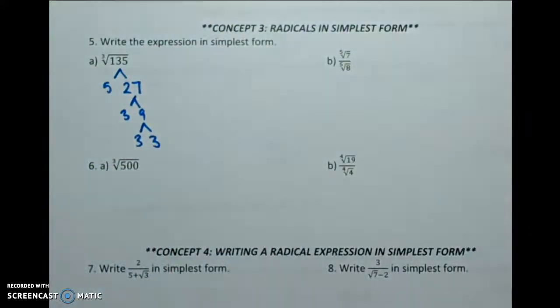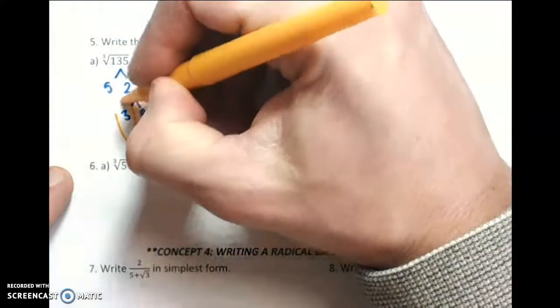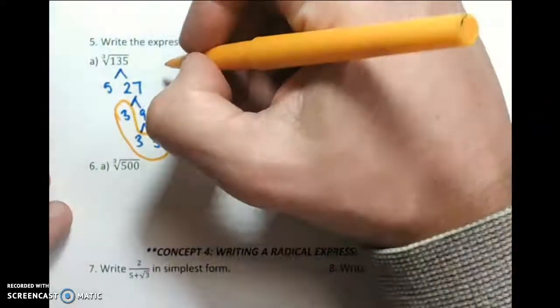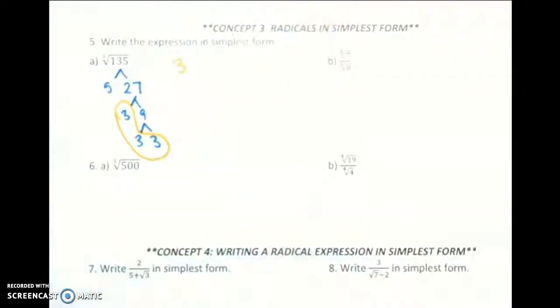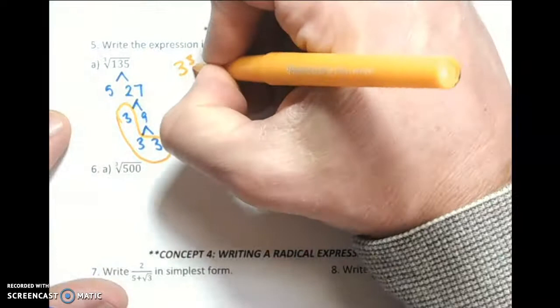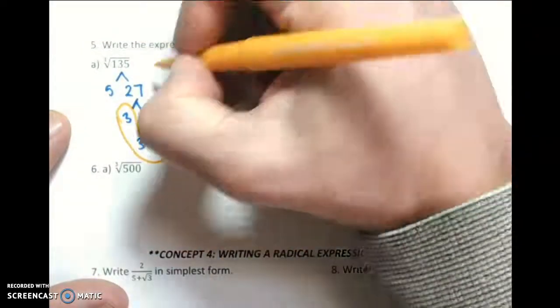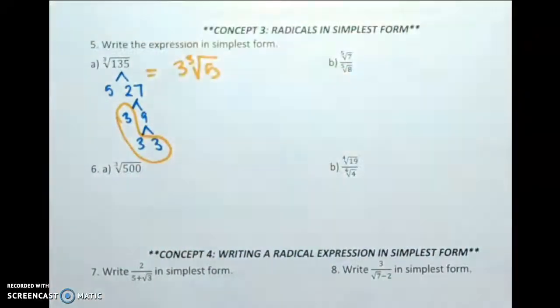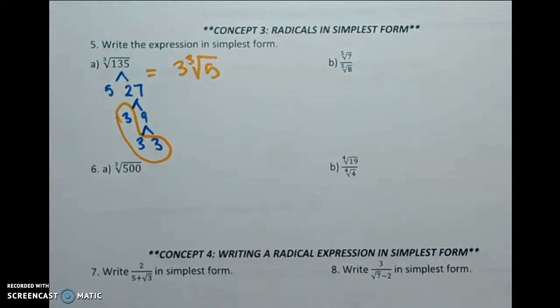Again, looking for groups of 3, I have 3 3s. Okay, I pull that out. And what's left? That root 5, so it's 3 cube root 5, and that is it. That's my answer. Done.